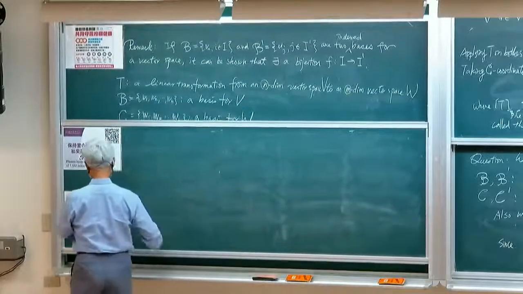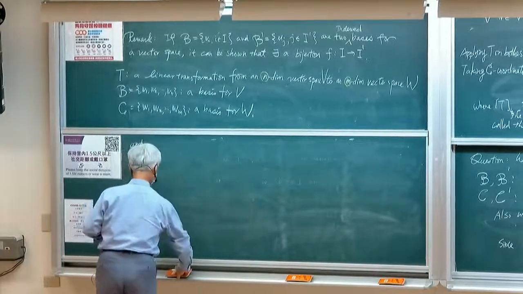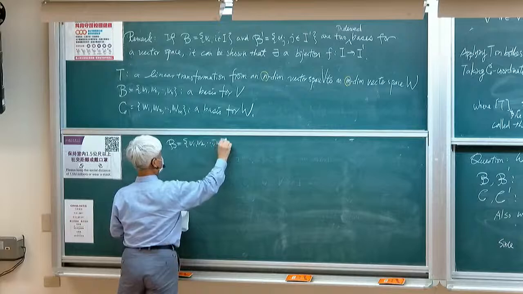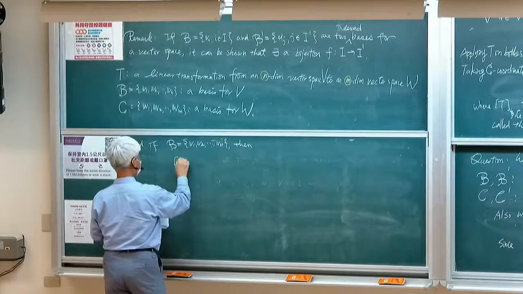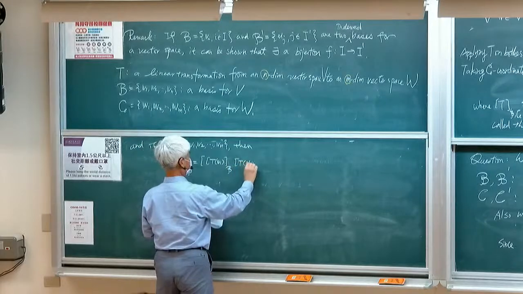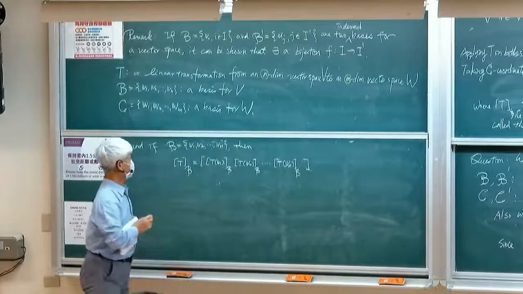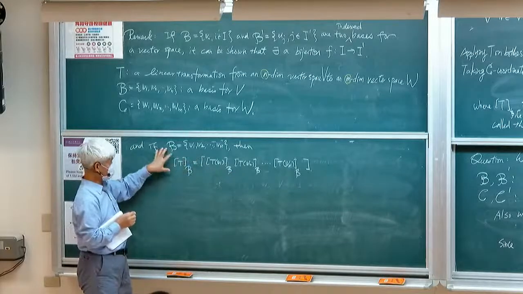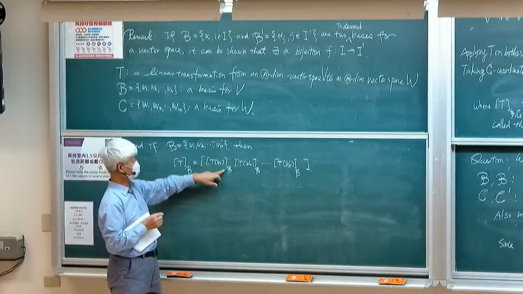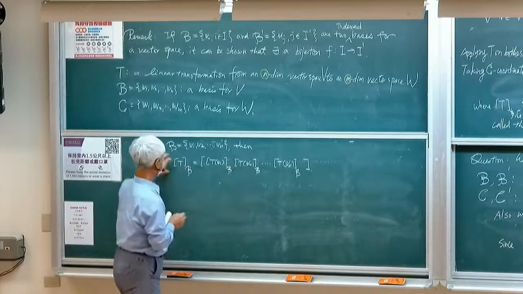If the basis is V1, V2 up to Vn, then the matrix representation becomes T(V1) in B, T(V2) in B, up to T(Vn) in B. So V1, V2 up to Vn are basis vectors in basis B. The image is also in V now, so we take the B coordinate of the image of V1, the B coordinate of the image of V2, etc., to construct this matrix representation.